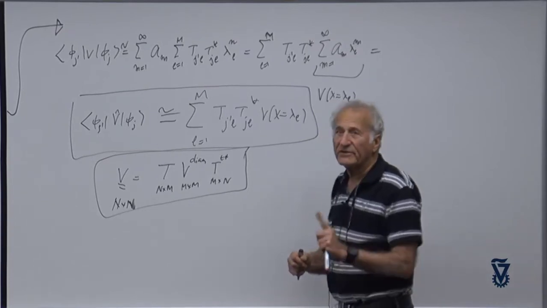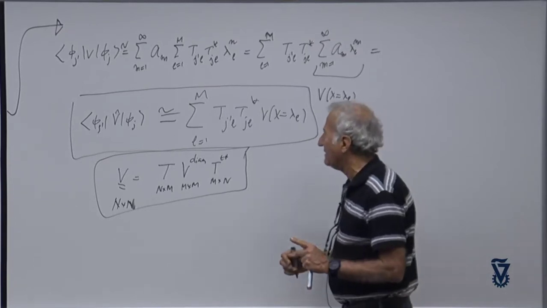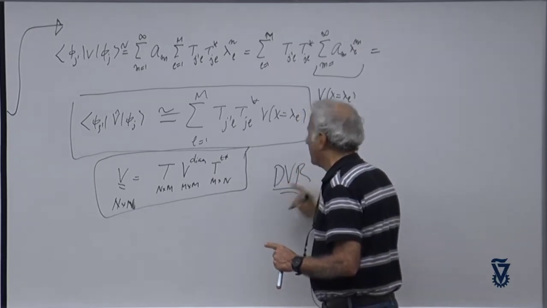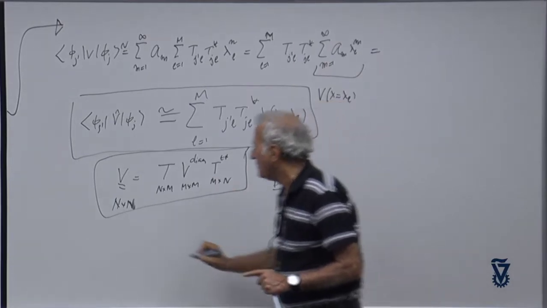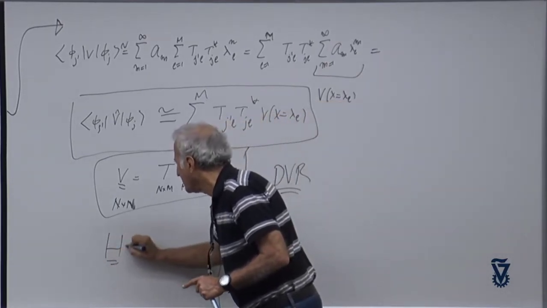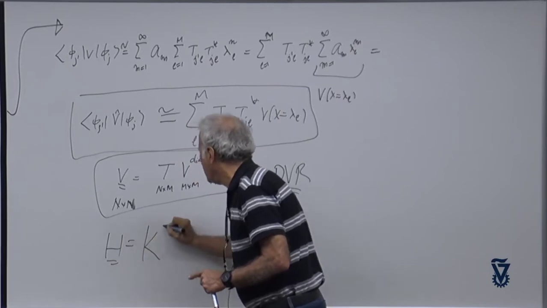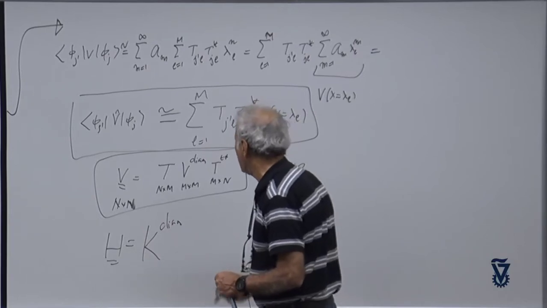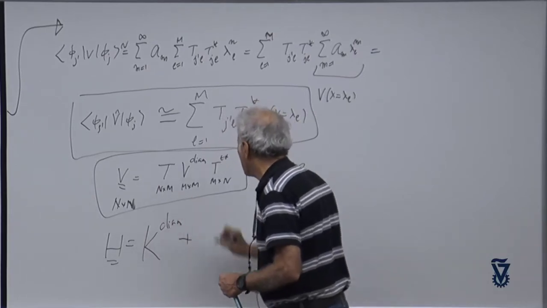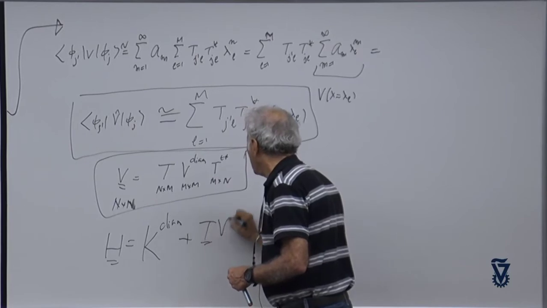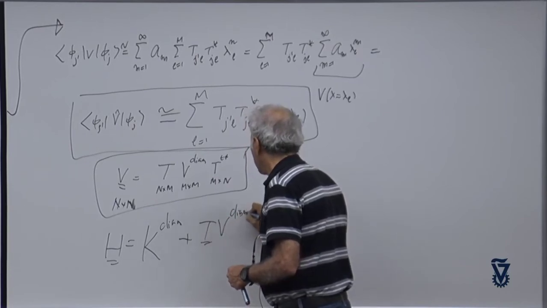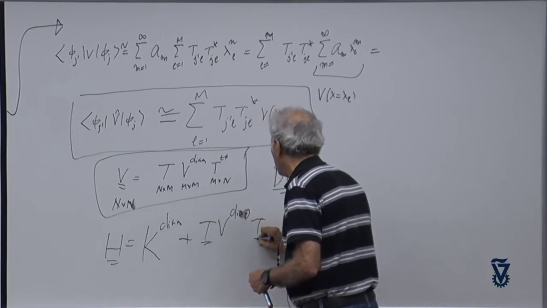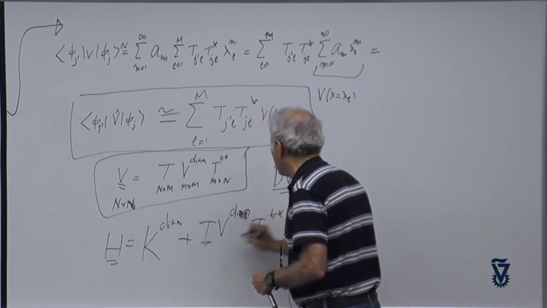So let me continue and get to a nice result that is known as DVR, discrete variable representation. Our Hamiltonian matrix, in our case, is the kinetic matrix, which is diagonal because of how we chose our basis set, plus V, the potential, which is T V diagonal T transpose complex conjugate.